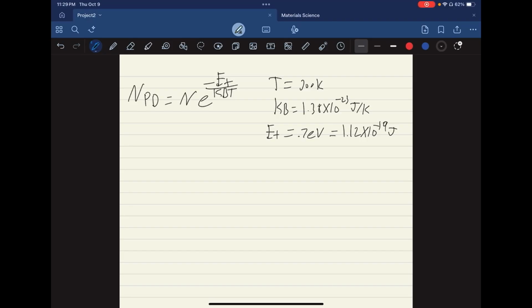In order for us to find N, we have to divide the density by the molar mass, and then multiply it by Avogadro's number.